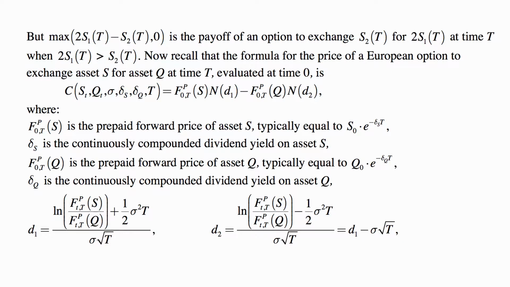But the maximum of 2S1 of t minus S2 of t and 0 is the payoff of an option to exchange S2 of t for 2S1 of t at time t when 2S1 of t is greater than S2 of t.